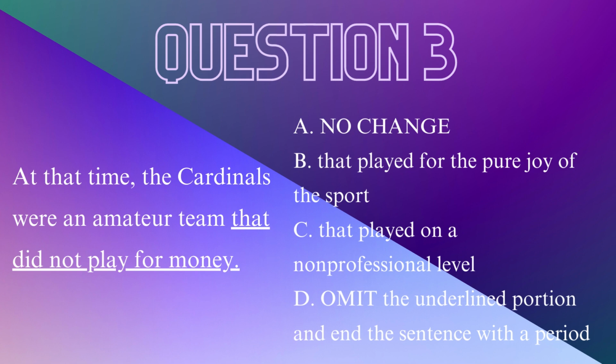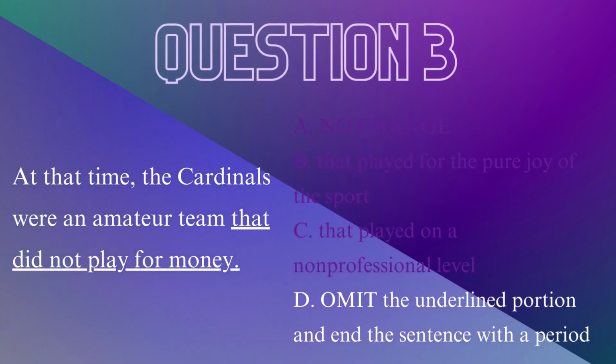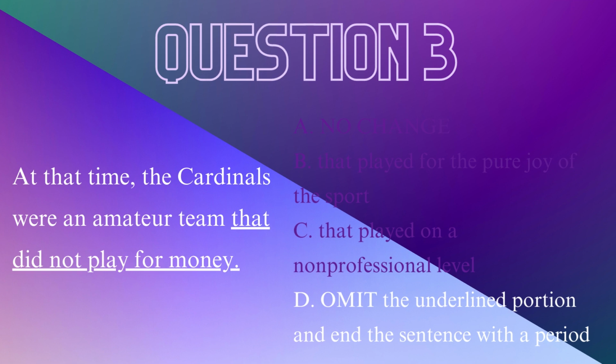And a lot of times when you see one sticking out and the other choices are very similar, probably that different one is going to be the answer. And in this case, yes, D is going to be the answer. Not playing for money, playing on a non-professional level, playing for the pure joy of the sport, those are all meanings that we can understand from just the word amateur.